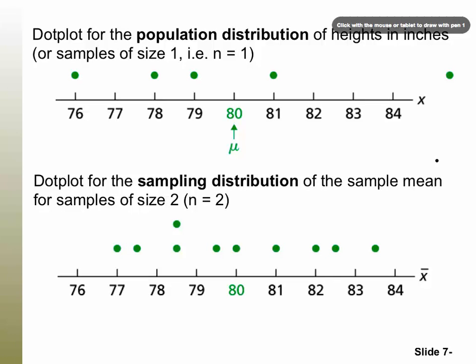Now here is the dot plot for the sampling distribution, samples of size 2. We took all possible samples from the 5 players and found the mean for each one of those. Here are those means. There were 10 samples of size 2. So what's the variable now? X bar is the variable.